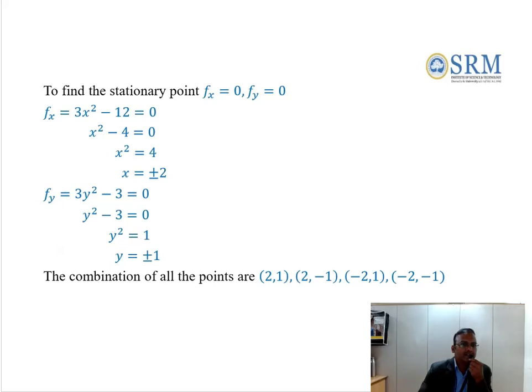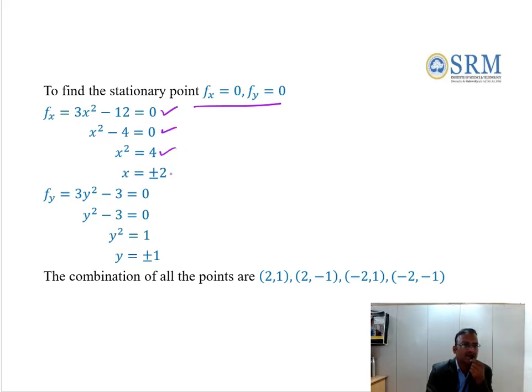Now to find the stationary point, we have to equate the first derivatives, that is dou f by dou x equal to 0 and dou f by dou y equal to 0. So fx equal to 3x square minus 12 equated to 0 gives a quadratic polynomial x square minus 4 equal to 0, that is x square equal to 4.